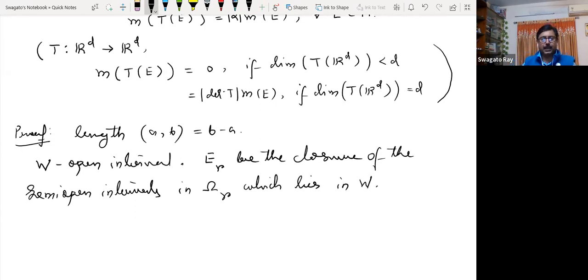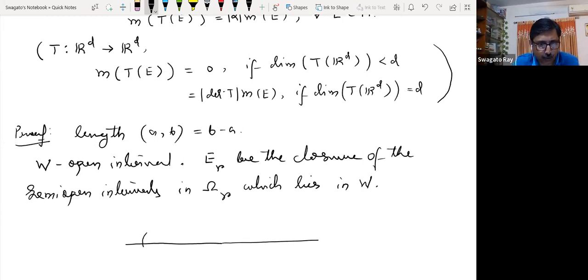What I'm saying is that you fix a generation omega R of cubes, in our case semi-open intervals, which partition the whole real line. Take W to be an open interval. Some of those intervals are sitting inside it. Those sitting inside, take their closures, and you actually get a closed interval. You will get a picture like this. It's very easy to see.